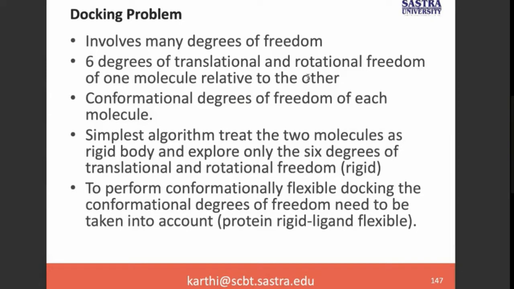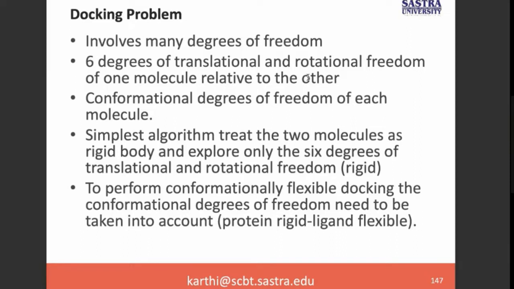Take a small drug-like molecule: it may contain at least a few carbon-carbon single bonds. Those are rotatable bonds. If we rotate them, the molecule can take different conformations.